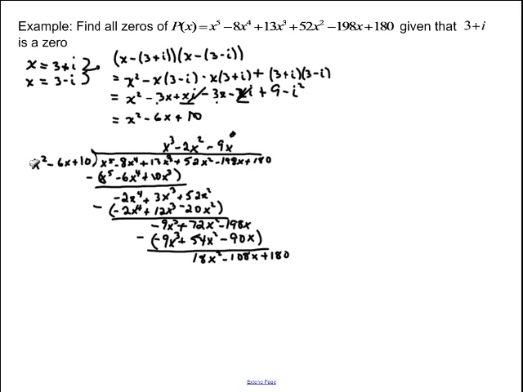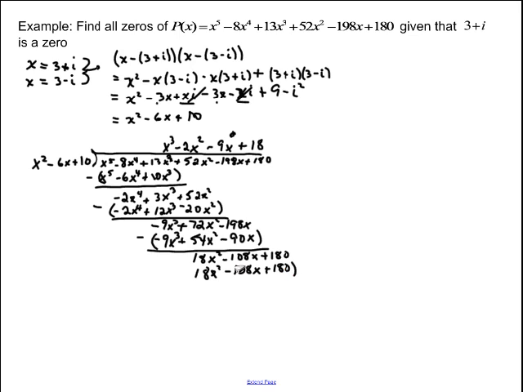And so that means multiply x squared by plus 18. There we go. 18 times x squared gives me 18x squared. Minus 18 times 6, that's 108x. And 18 times 10, that's plus 180.